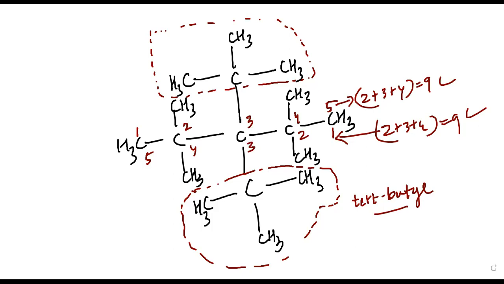So as these groups are present on the third carbon, we can write the name this way: 3, comma 3, then we have di, then tertiary butyl, then you can see 2, 2, 4, 4.